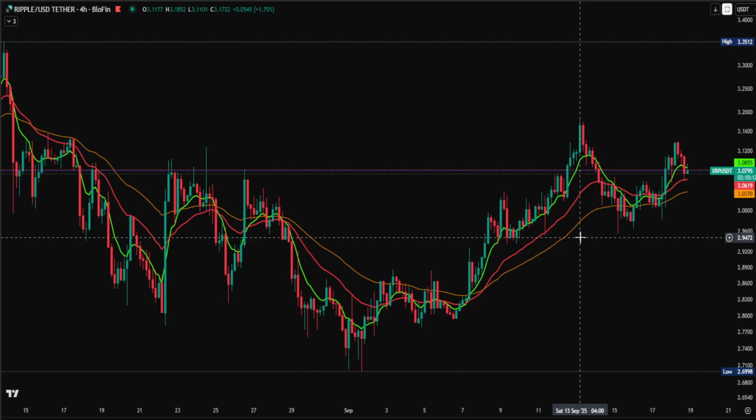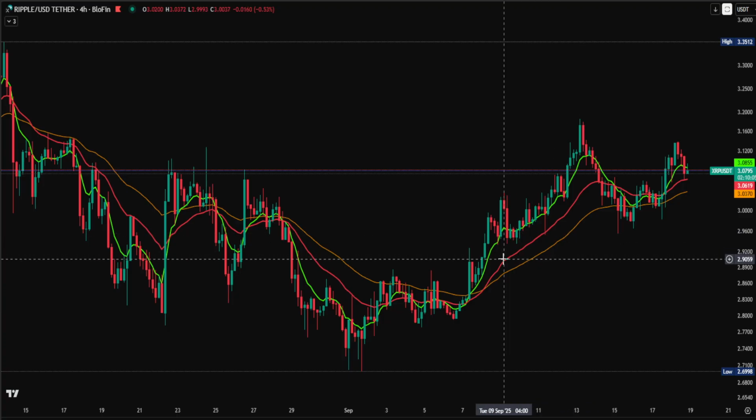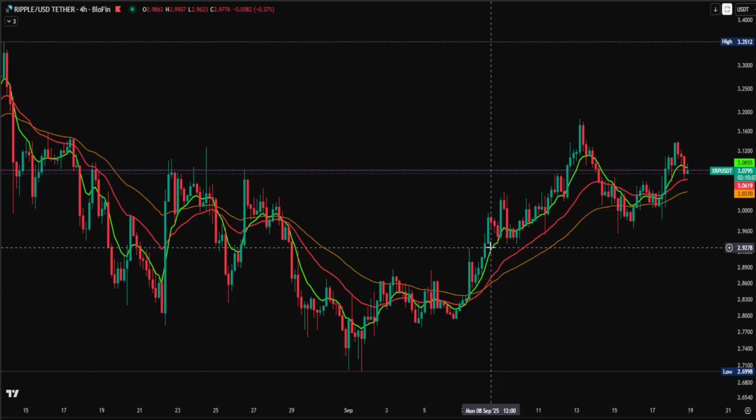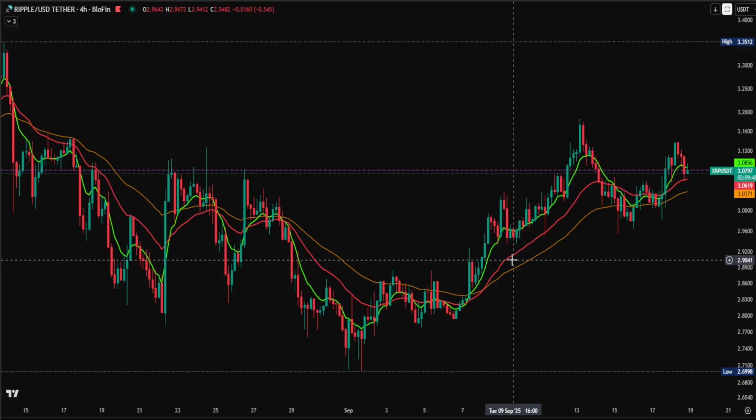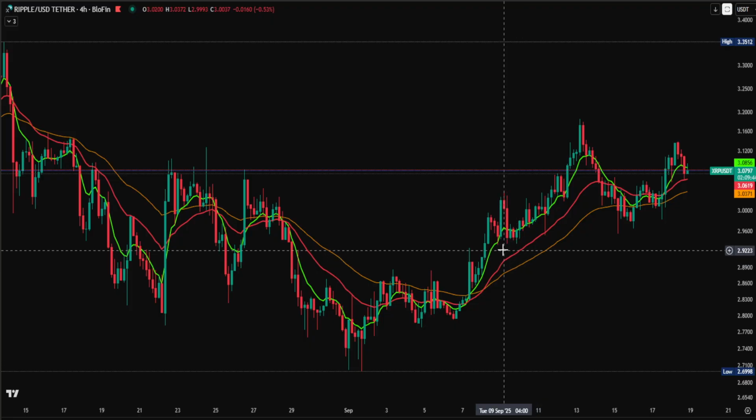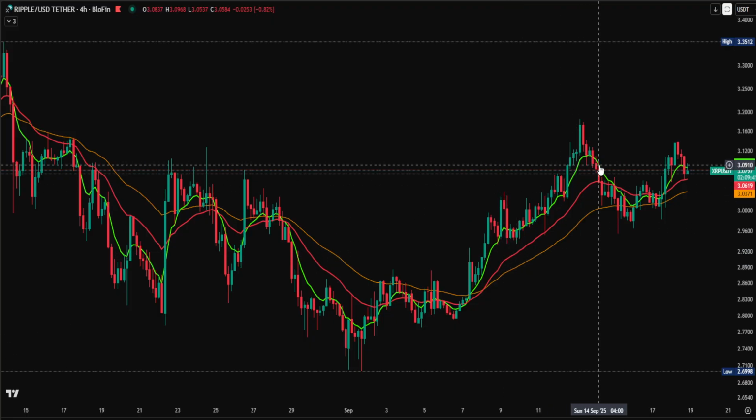So, for a bullish setup, for a long trade, the objective is you need to get your conditions correct. You need your green to be above the red, which shows that the trend is up. Then we want to wait for the dip.